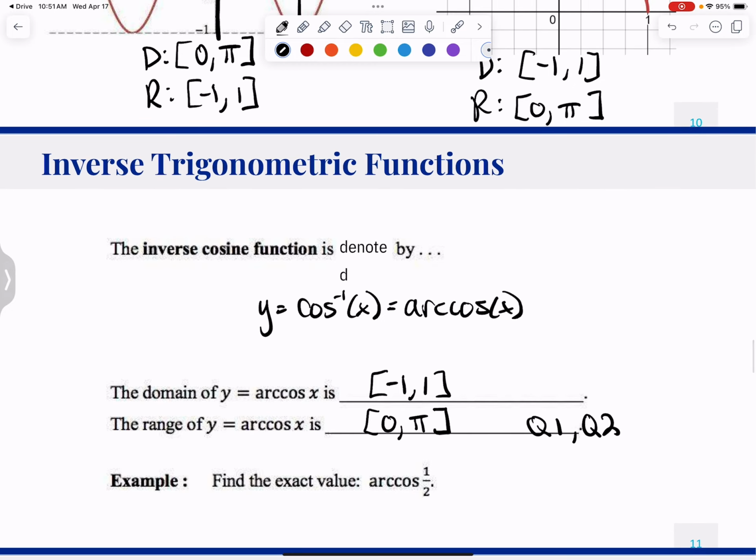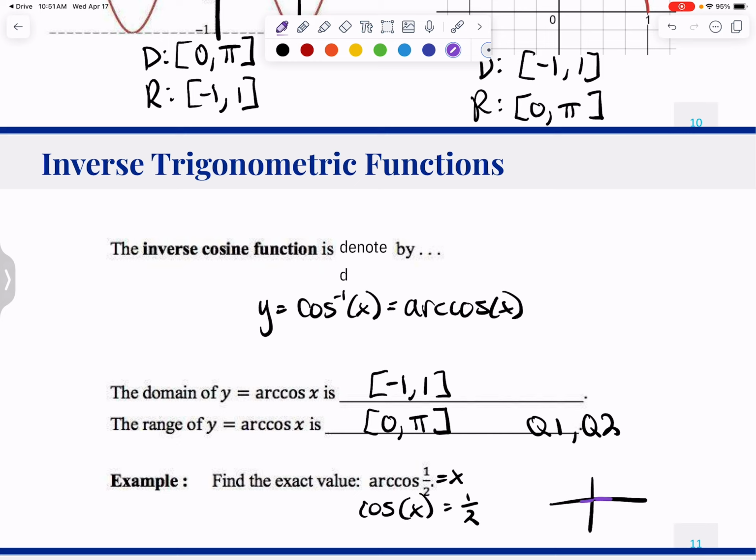If we want to find the exact value of arc cosine of 1/2, we're thinking if the cosine had an input of x, what angle input into the cosine function gives us an output of 1/2? Inverses switch the inputs and outputs. Reciprocals flip fractions. Opposite changes sign. Remember the difference between those three words. Inverses switch inputs and outputs. So cosine has what angle that gives us an output?